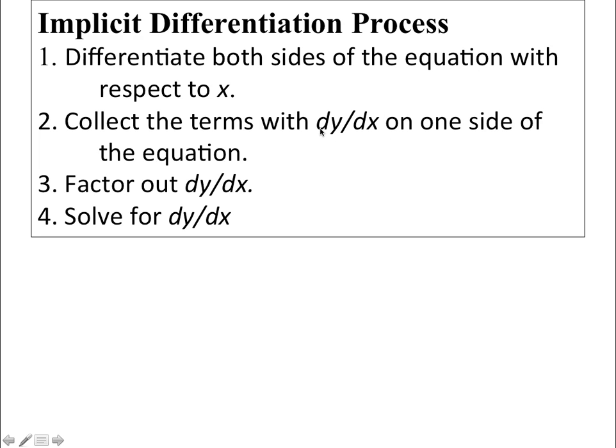Every time we differentiate a y term, we're going to have a dy dx on the end. So we're going to have one or maybe several dy dx terms. We're going to collect them on one side, factor out the dy dx term, and then solve for it. So everything beyond step 1 is algebra. Step 1 is the calculus, differentiate. Steps 2, 3, and 4 are algebra.